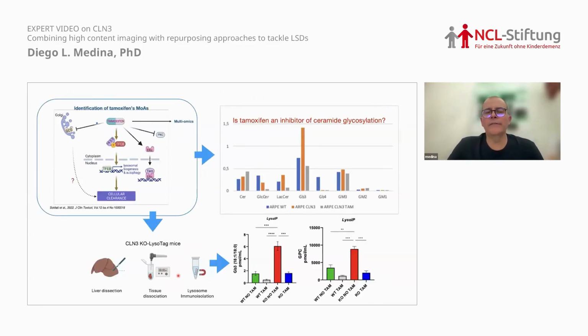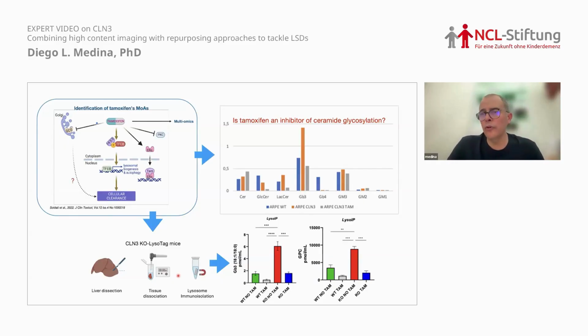So now, as I mentioned before, we demonstrate that tamoxifen induces GB3 clearance in CLN3 and CLN7 disease, most likely or partially through the activation of the transcription factor TFEB, but we know from the literature that tamoxifen is able to target several enzymes and proteins within the cell. So we decided to identify other mechanisms of action of tamoxifen that may be related to its clearance capacity in Batten disease.